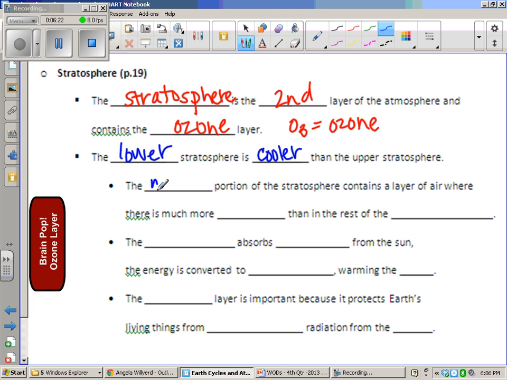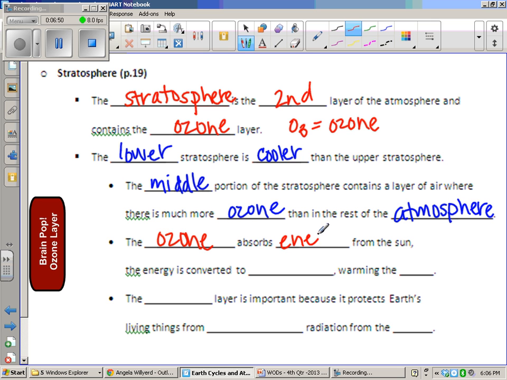because there's a middle portion of the stratosphere that contains a layer of air where there is much more ozone than in the rest of the atmosphere. And that is what is called your ozone layer. And the ozone absorbs the energy from the sun, like the ultraviolet radiation from the sun.